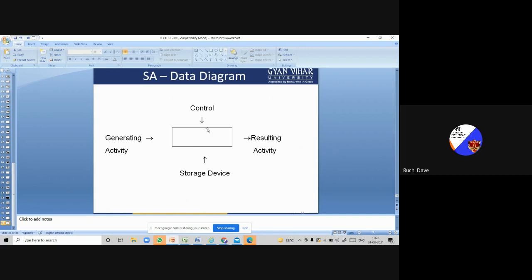Similarly, the data diagram. Please note down these two diagrams, the activity diagram and this one. It's very easy to note down. Quickly, giving you 1 minute. This is the activity diagram.